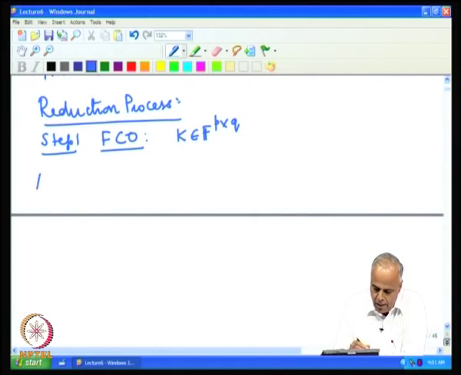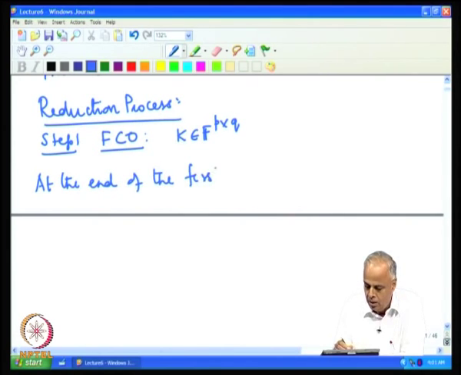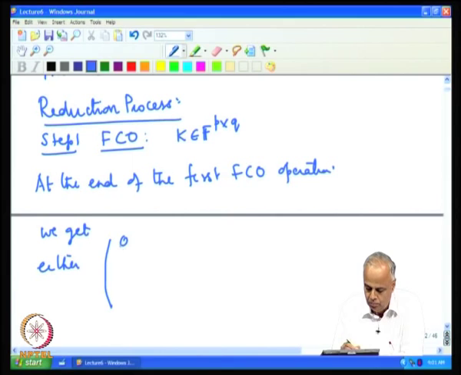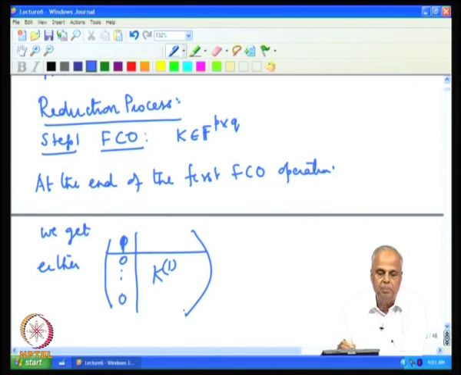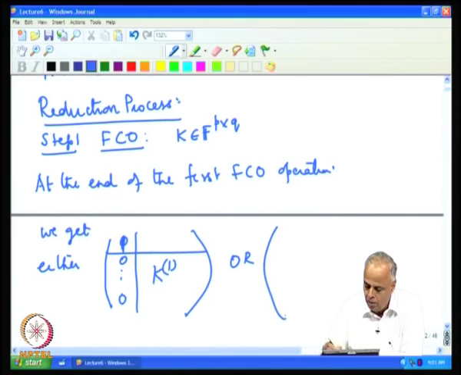So, at the end of the first column operation, we get either this form, 1 0 0 0 and a submatrix K1, which is obtained by eliminating the first row and the first column, or we get all zeros in the first column.